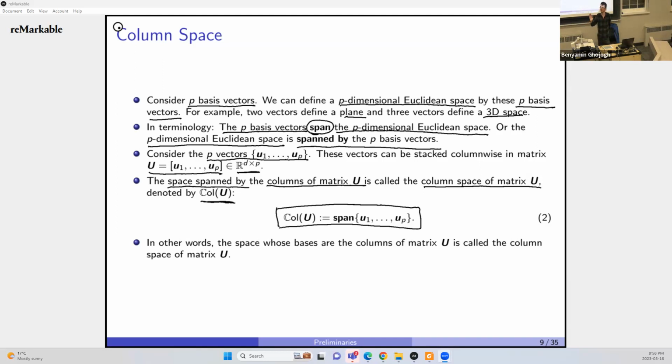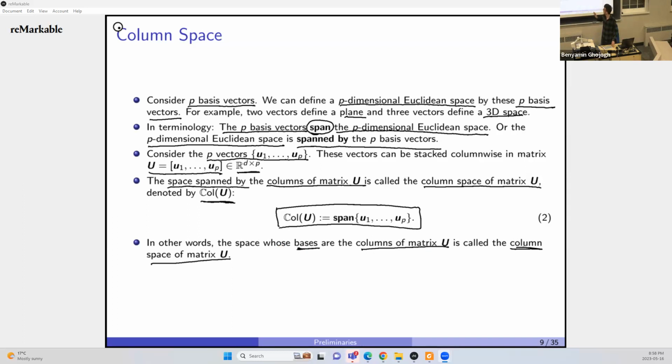That's fine. In other words, the space whose bases are the columns of matrix U is called the column space of matrix U. Right? And this space is p-dimensional because we have P columns, P bases. Right?